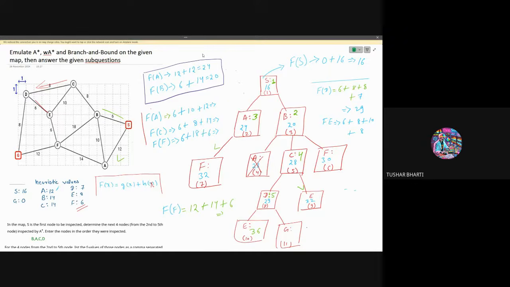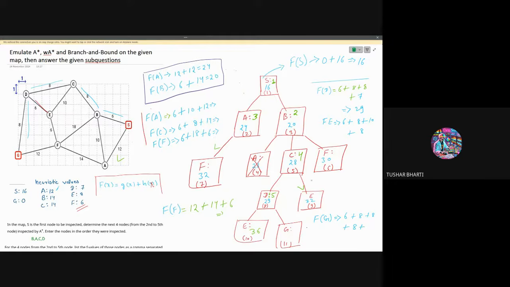Now we will calculate for f of G. We just need to see it carefully. So first we will take S to B, then B to C, then we will take C to D, D to G. So this will be 6 plus 8 plus 8 plus 8.